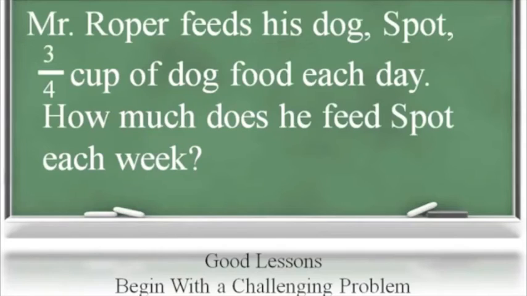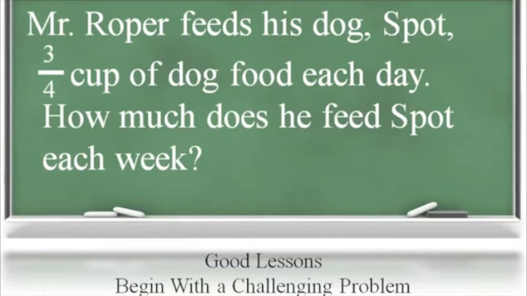Let's look at an example of a real-world problem that your 5th grade student may be challenged to solve. First, we would want the student to look at the problem and determine that it is asking them to find the amount of food that Spot gets. The time frame is a week in the problem, which the student should understand is 7 days.